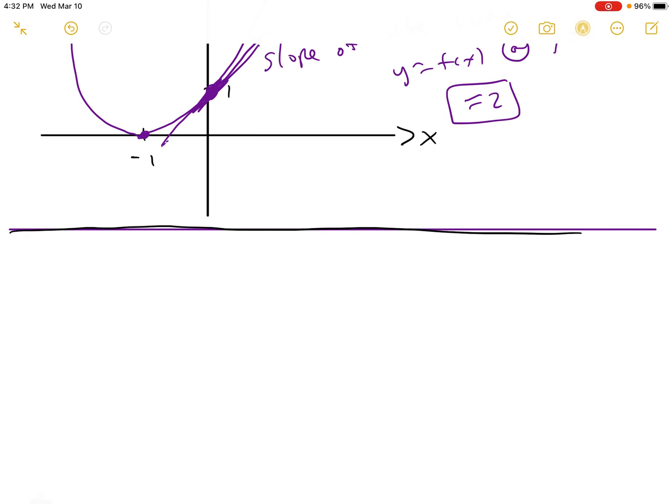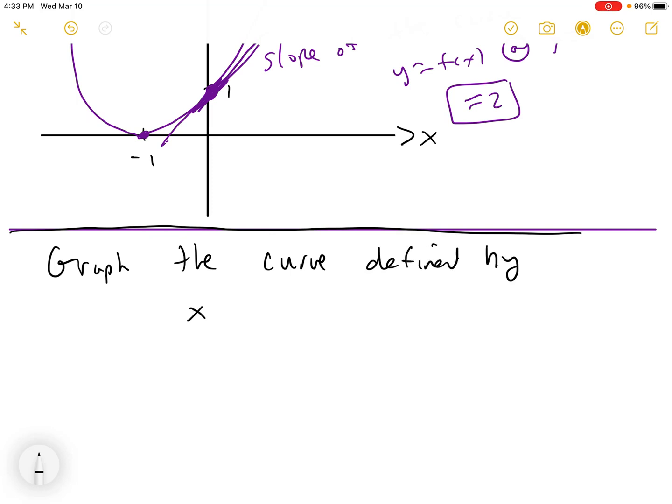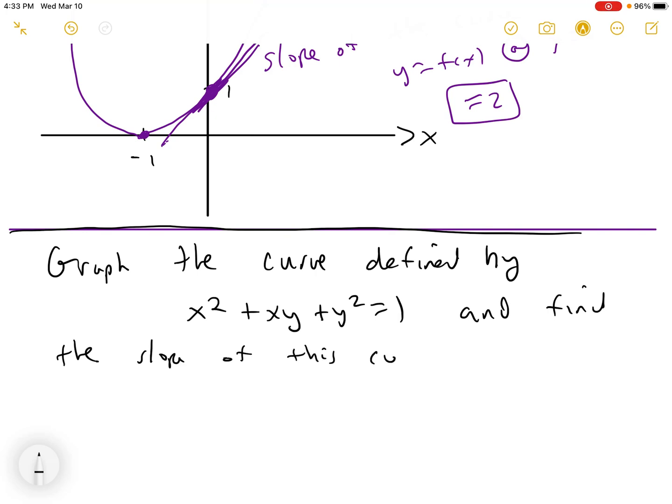Because this is so important. So, black. Graph the curve defined by the equation x squared plus xy plus y squared equals 1, and find the slope of this curve at (0, 1).